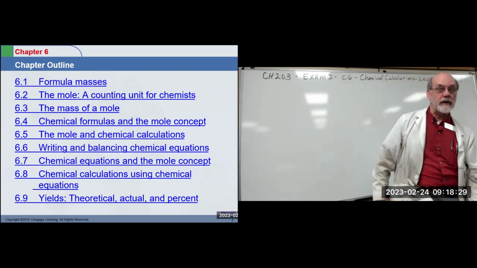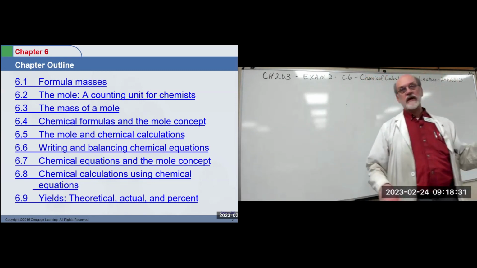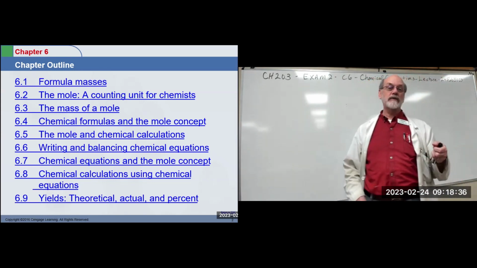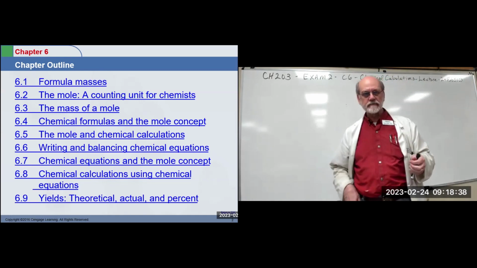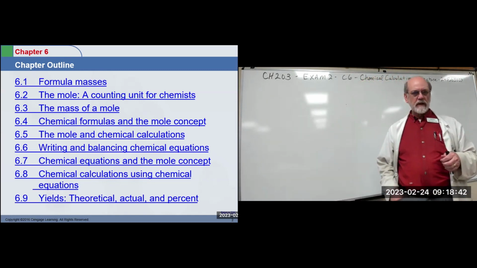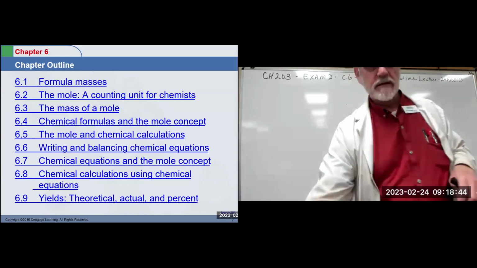Right? We already know that the mass going in has to be the mass coming out. Lavoisier proved that long time ago, before he lost his head. So let's get on with it.